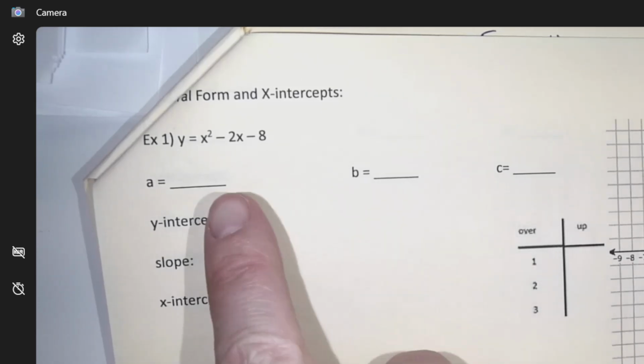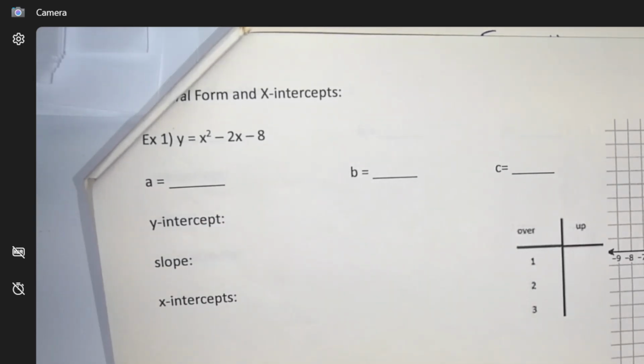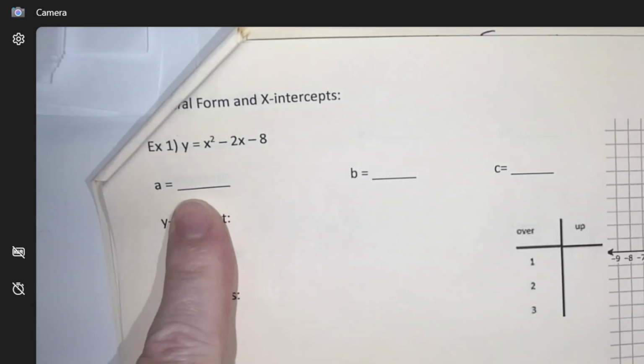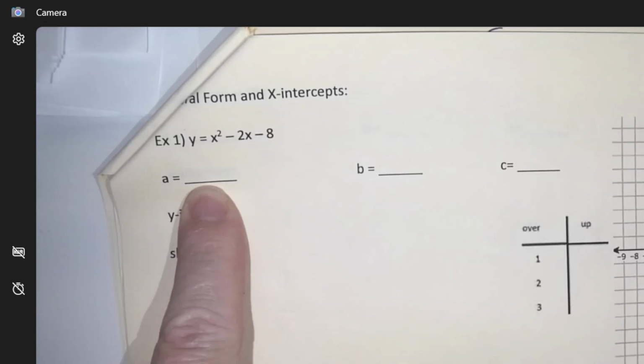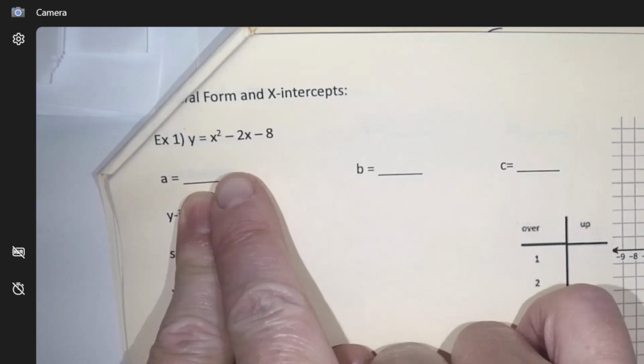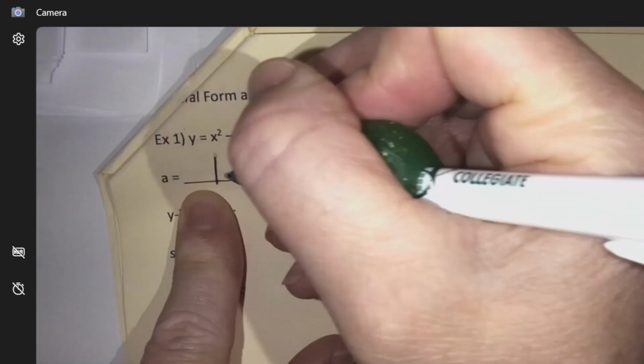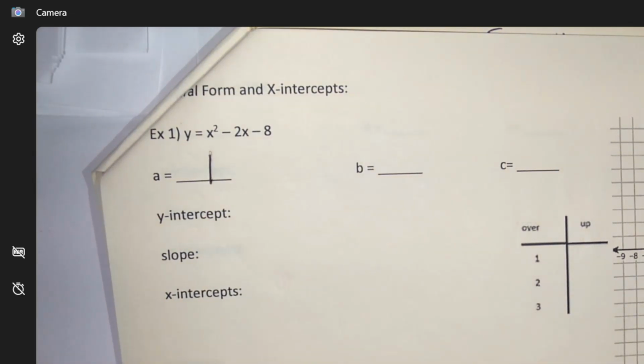Okay, so on this one we're going to also add intercepts, x-intercepts, that we didn't do on the first 2 questions. Okay, so again, here we go. A, B, C. How many x squareds do you have? 1, right? You can't see it.